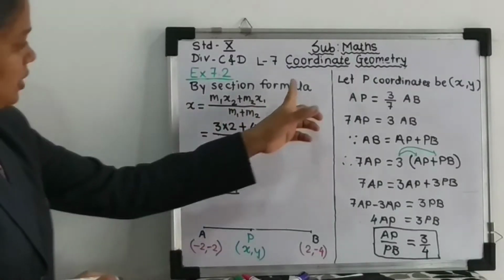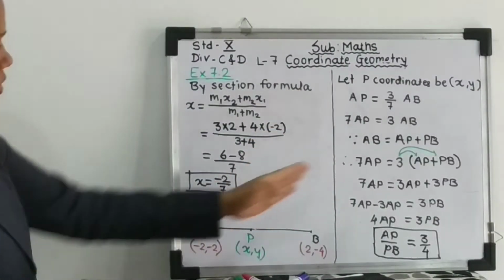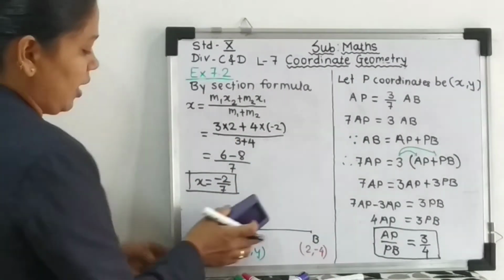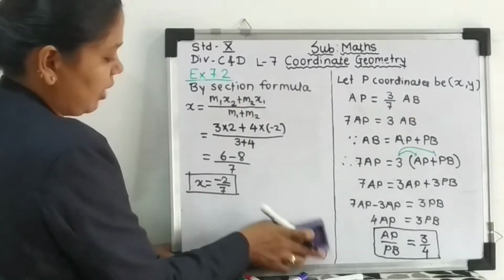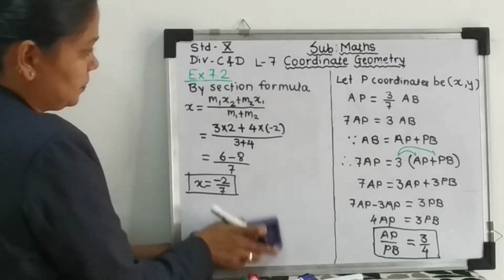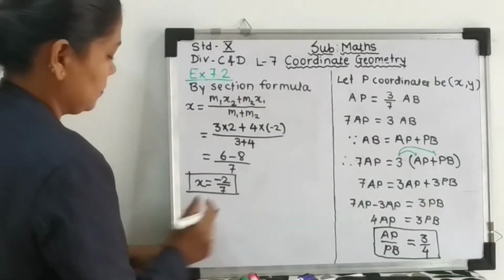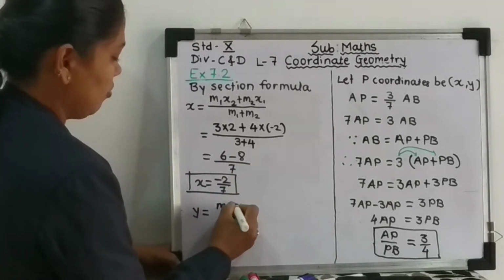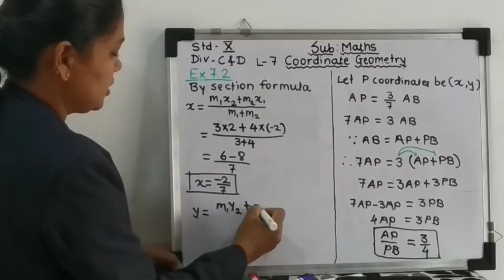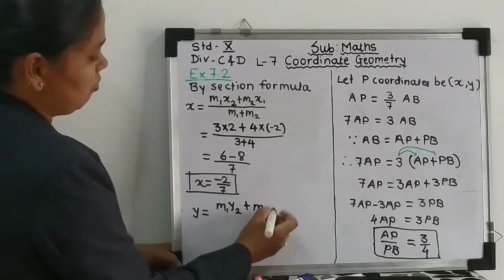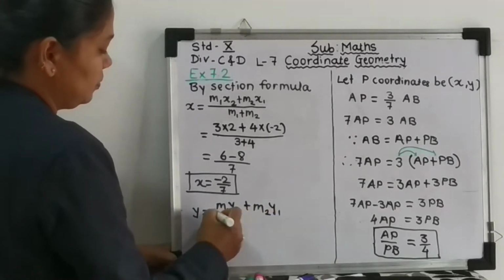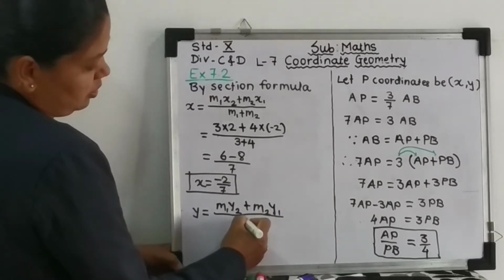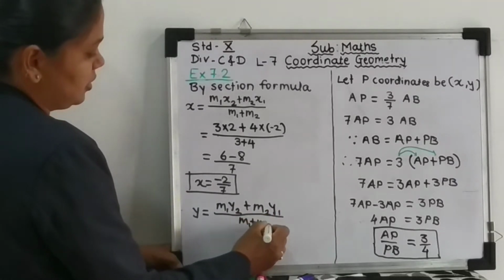Right? You can solve here, or you can continue with the y. So let us have that y. Now y equals m1 y2 plus m2 y1 upon m1 plus m2.